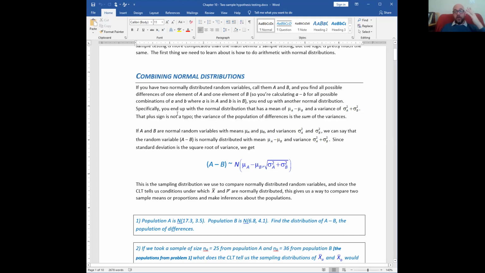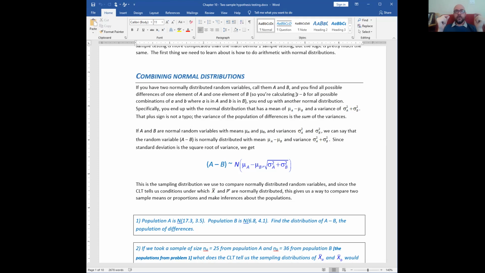Here's the idea. We need to know one thing that I'm not going to justify. I'm just going to let you think about it. Say you have two normally distributed random variables, A and B. I take one element in A, and I subtract from that one element in B, and that difference is now a number that I write down.